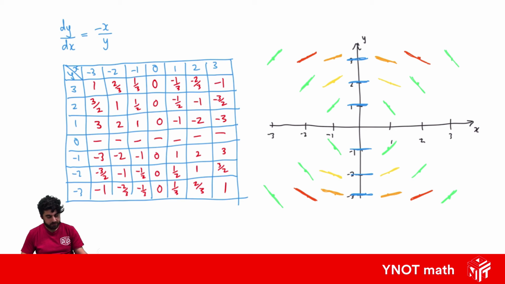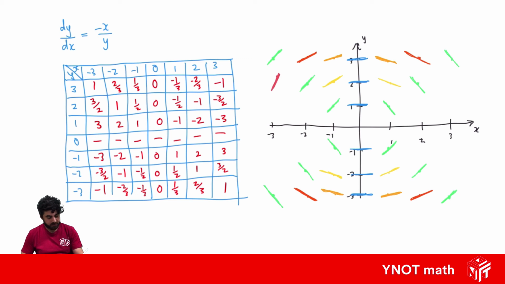Let's look at the gradients of 3/2. So we have one at -3, 2. That's going to be a bit steeper than 1.